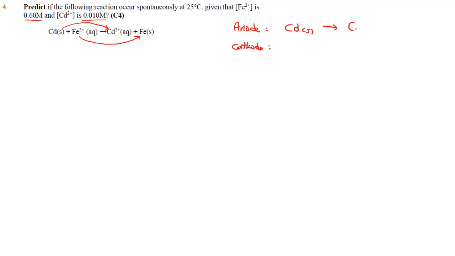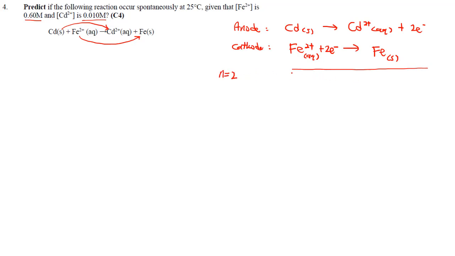Alright, so cadmium will give us cadmium ion plus 2 electrons, and at the cathode, our iron ion is reduced to Fe, so you must add 2 electrons here. Alright. Okay, so now if you see, our electrons balance, which is 2 electrons. So our n value is equal to 2 when we do the Nernst equation later.